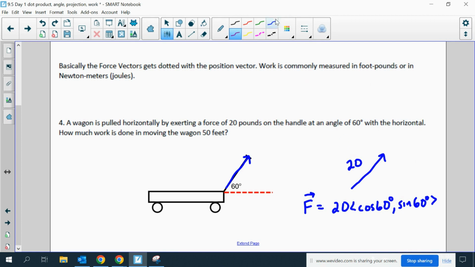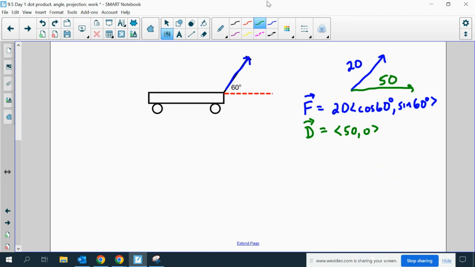And then my distance vector is all horizontal, and it's 50 feet. So my distance vector is 50, 0.